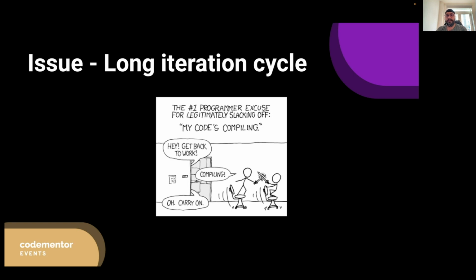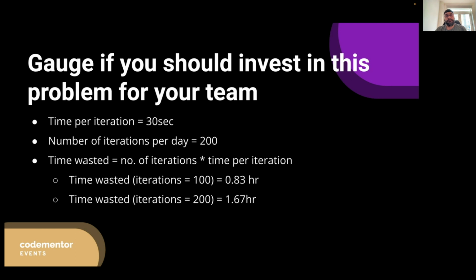And if in a day I'm building an app around 100 times, that means I'm already losing a huge amount of time. So this becomes a really important problem to look at. Just to put it in numbers, let's say the time per iteration, that means the time to build an app, is 30 seconds.